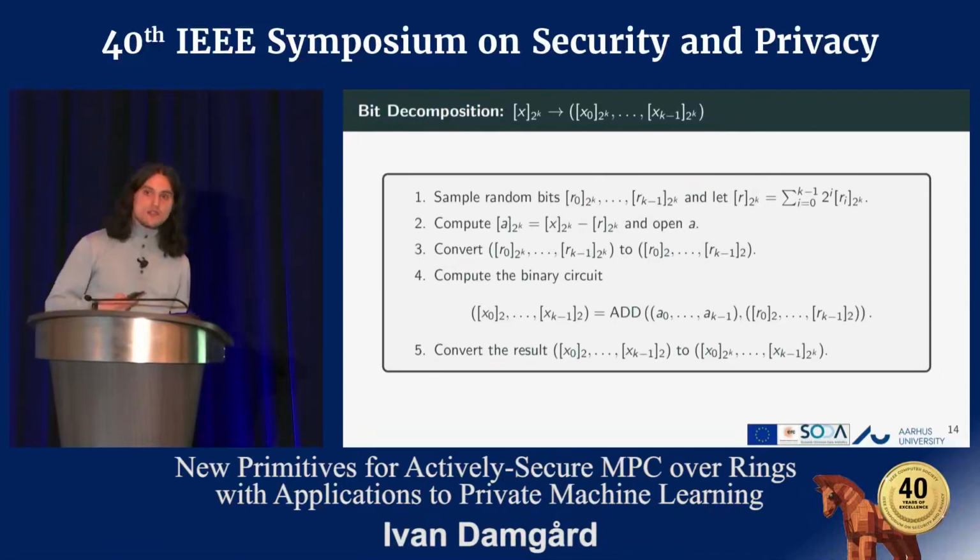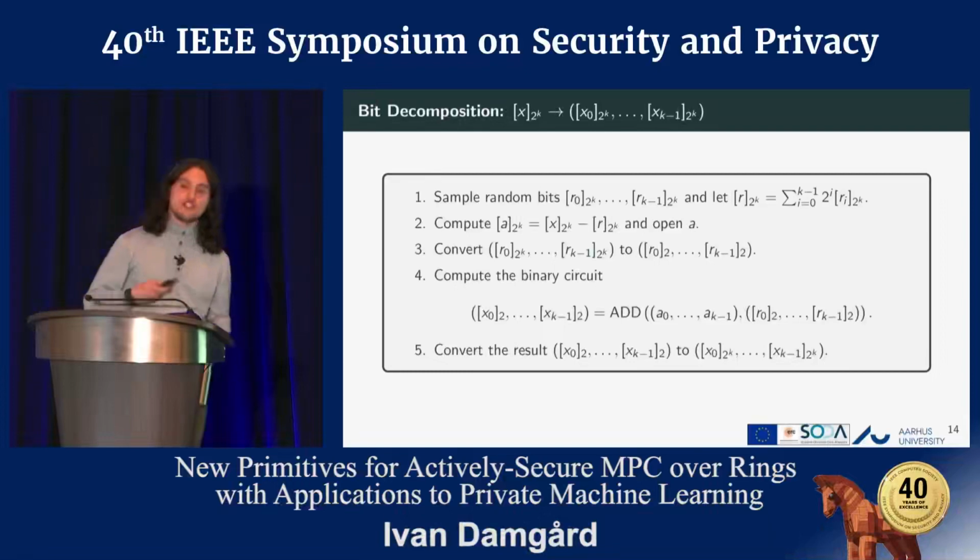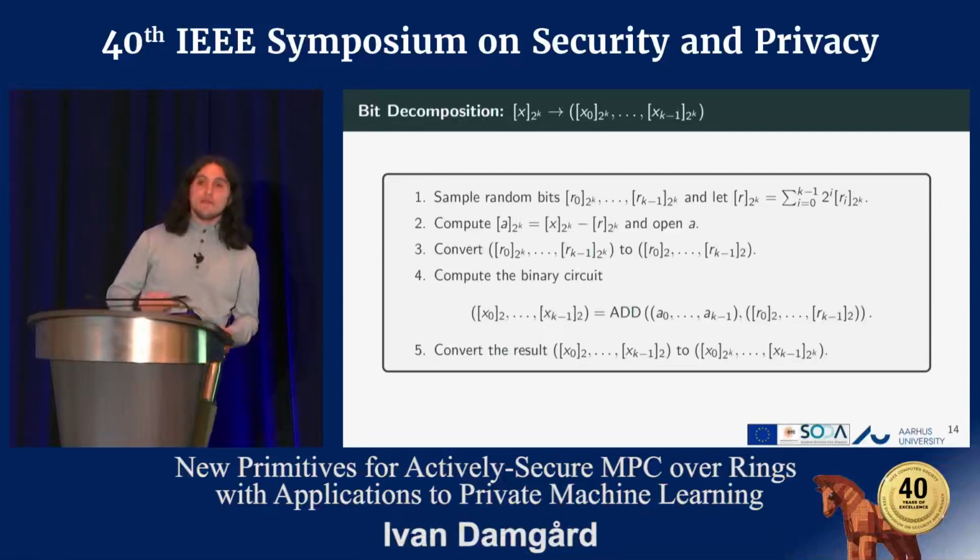But here we can do something extra, something very nice, which is instead of undoing the mask, which means adding R to the bit decomposition of A, we first convert R to bits. So the circuit that we compute here, this binary circuit, which takes public values, public bits, and this shared value, is very small. The shares are smaller because you're only sending binary shares instead of sending full arithmetic shares.